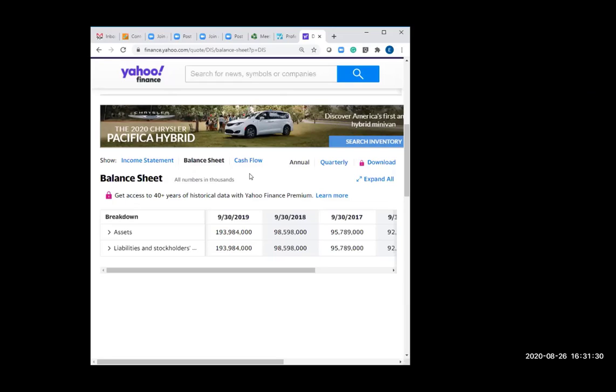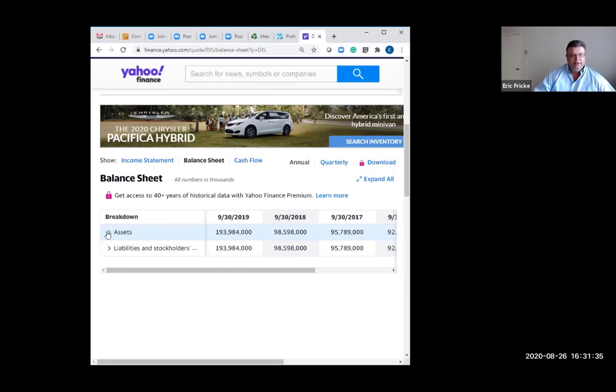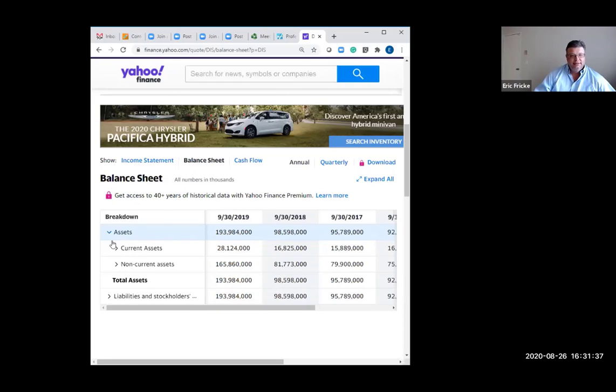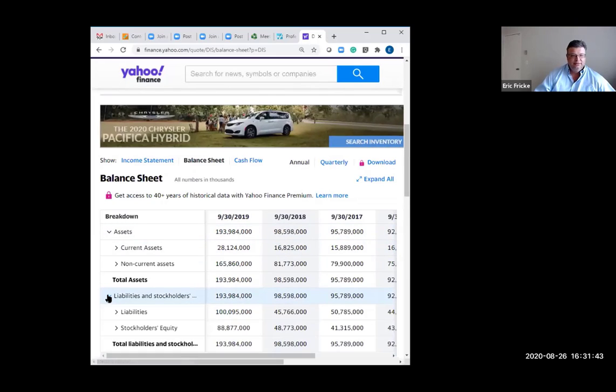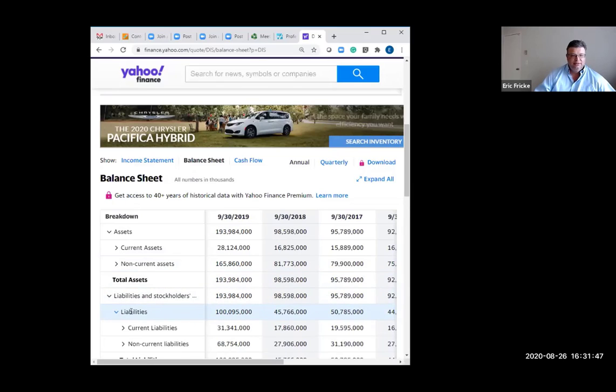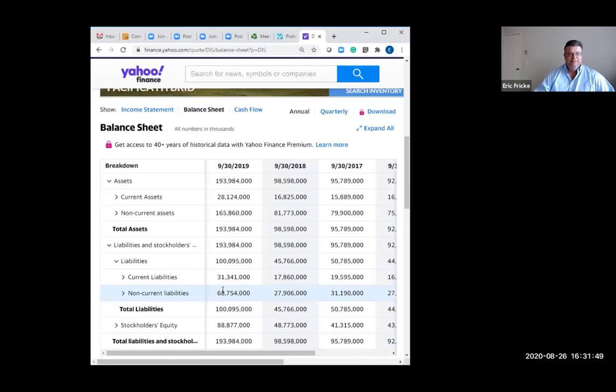Makes sense. Thanks. So I'm going to look at assets, and we're looking at current assets. Here we have current assets, and here we have current liabilities.